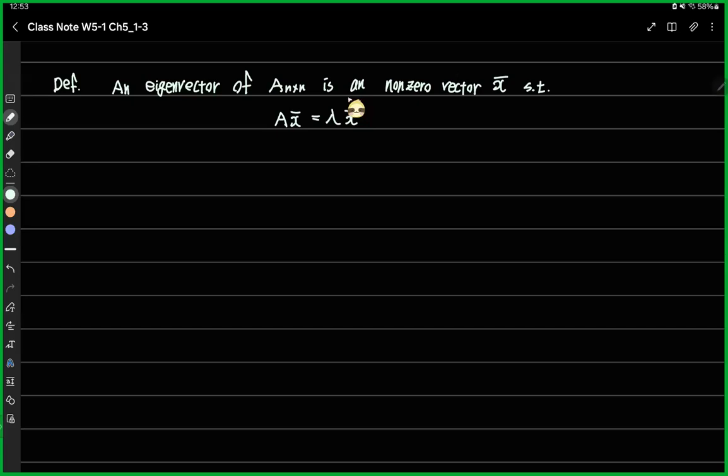And for the scalar lambda, that lambda is called the eigenvalue of A.